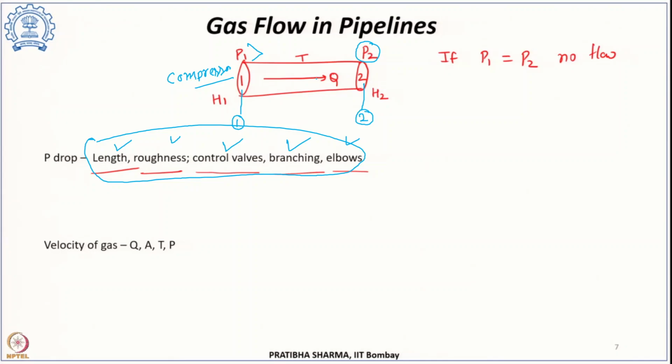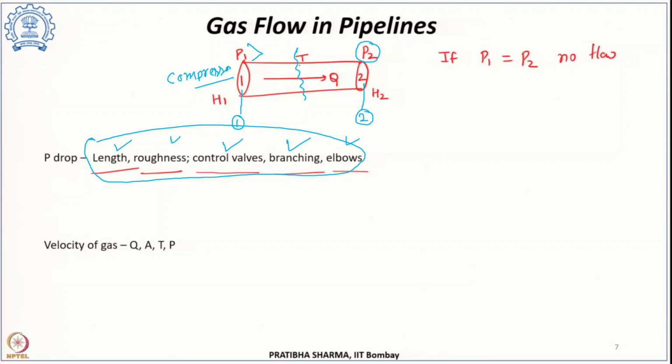Okay, so when you supply hydrogen gas from point 1 to point 2, suppose in between at the midpoint the pressure is lost, and hydrogen will not flow.